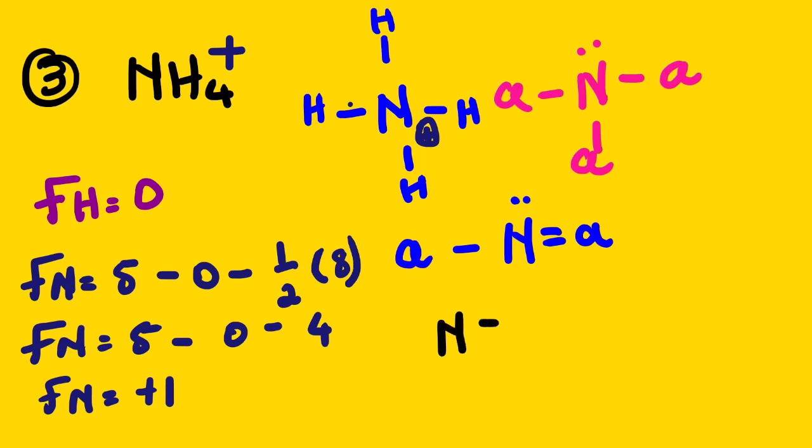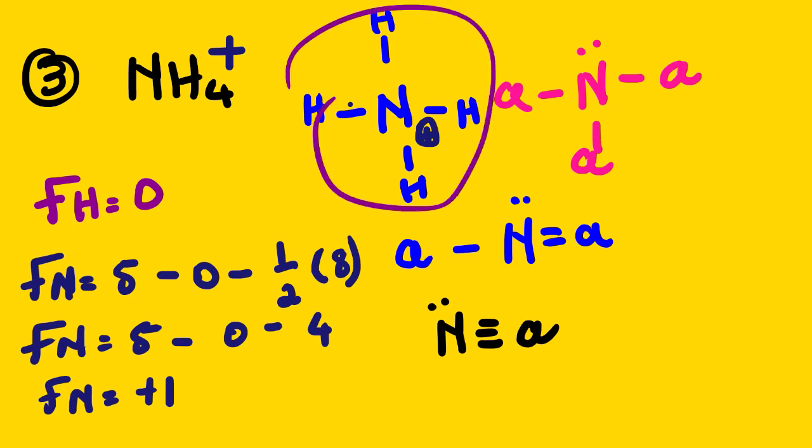If it bonds with only 1, we're going to have something like this and still have our lone pair. So in simple terms, you can see that nitrogen bonds 3 times, having a lone pair. Now if it happens that it bonds 4 times like this, it will yield a positive charge.